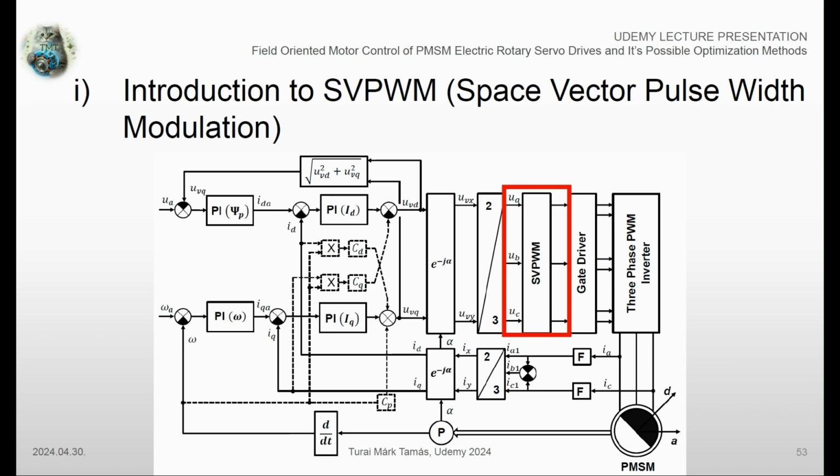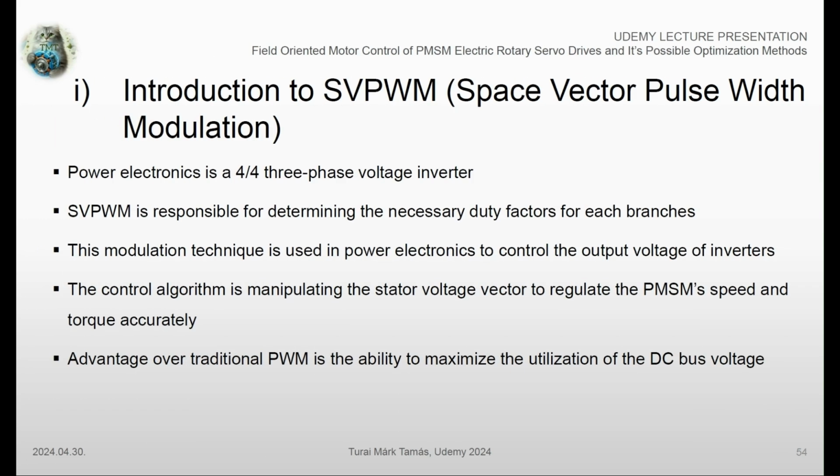Let's move forward. The SVPWM algorithm is based on the fact that we would like to control a PMSM machine with a three-phase voltage inverter. An inverter is a power electronics component which is able to transform plain DC input voltage to AC alternating voltages on its output.